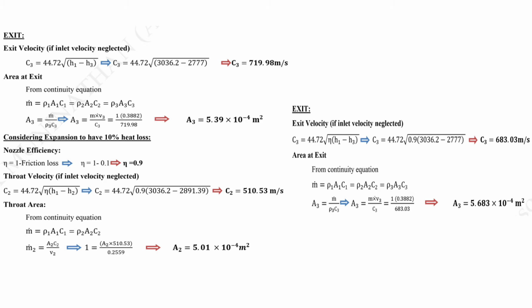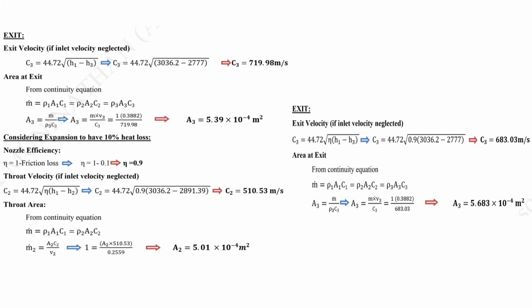So 1, which means the overall complete efficiency, subtracting the friction loss gives us the nozzle efficiency. Throat velocity: if inlet velocity is neglected, we can obtain the throat velocity C2.